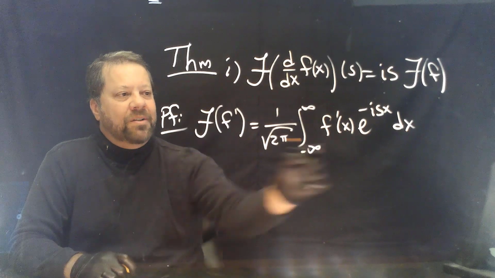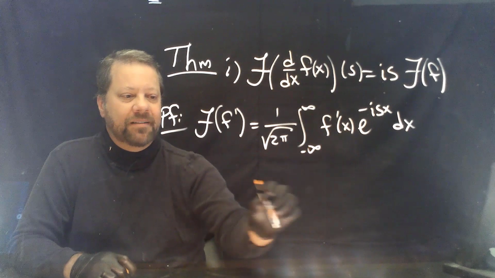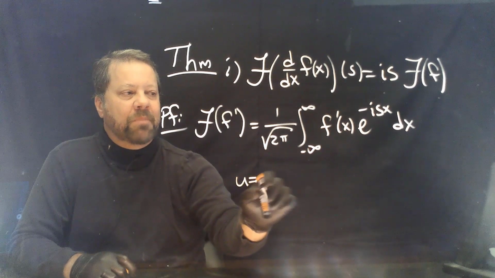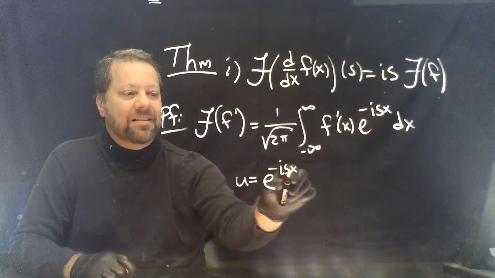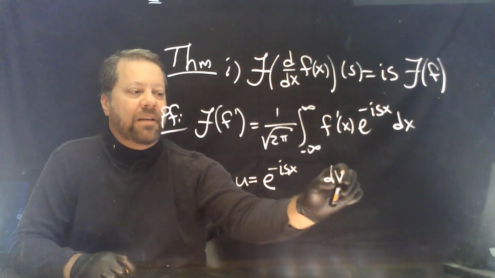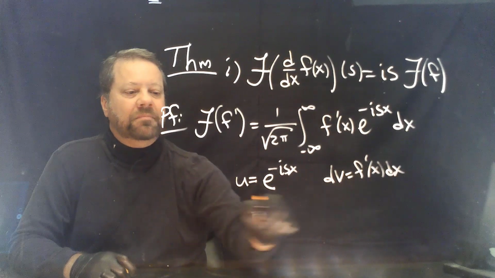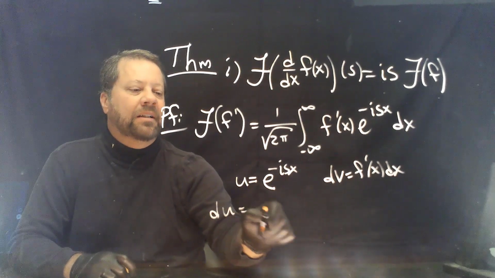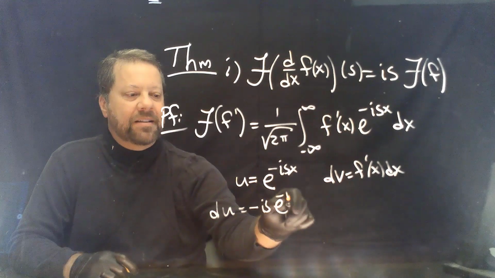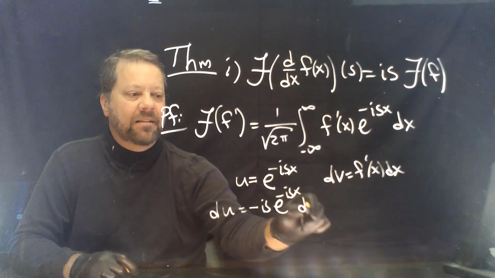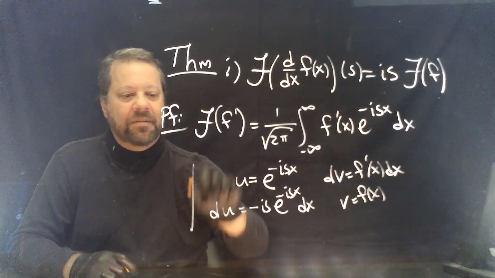We want to integrate f prime, not differentiate it. So in our integration by parts formula, we'll use e to the minus isx as u, and dv will be the thing that we integrate, f prime of x dx. So that du is minus is e to the minus isx dx, and v will be f of x.